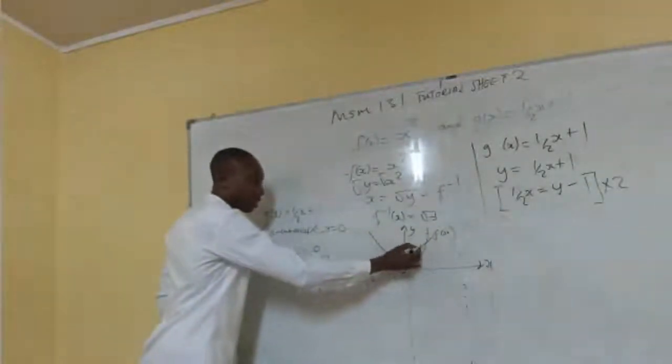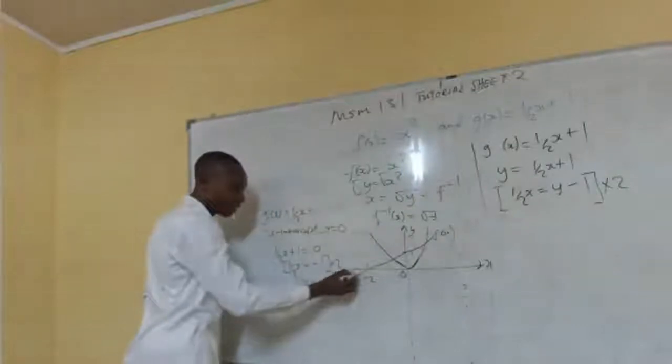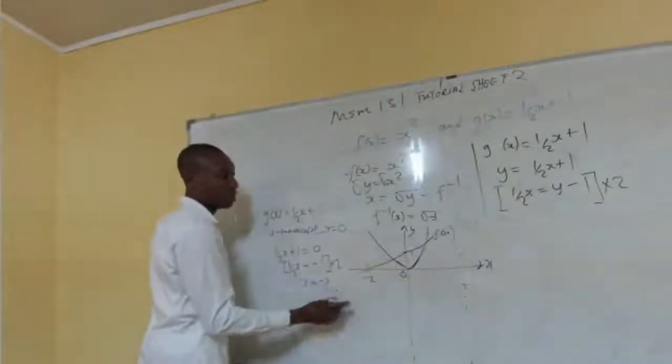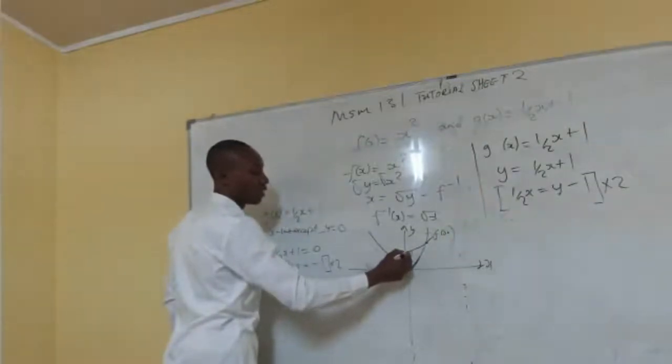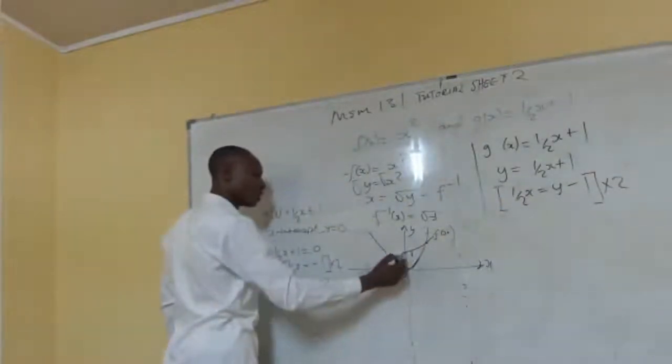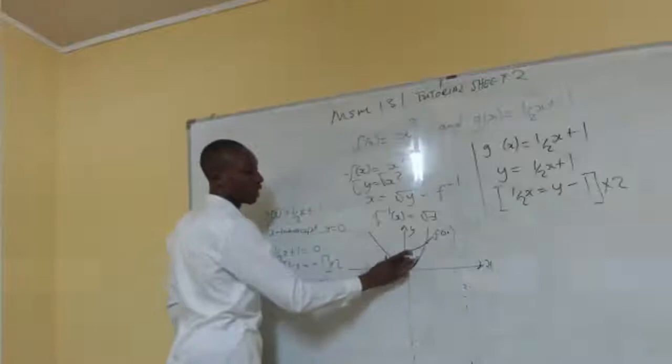So it passes through there, but it's a straight line. So cuts here, cuts there. Then this is 1, this is negative 2. Okay.